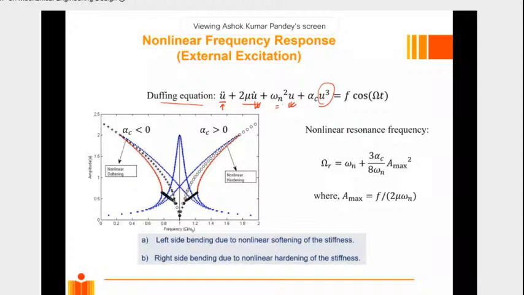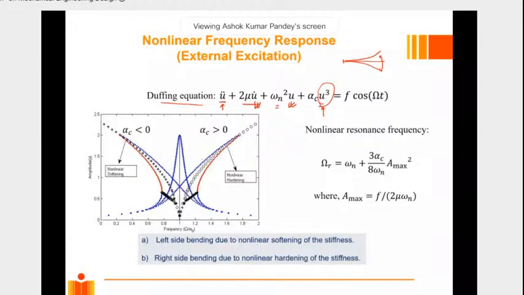And then if you are oscillating your structure beyond this thickness at a large amplitude, what will happen? This will introduce some kind of nonlinearity. And this nonlinearity will make the frequency response look something like this.